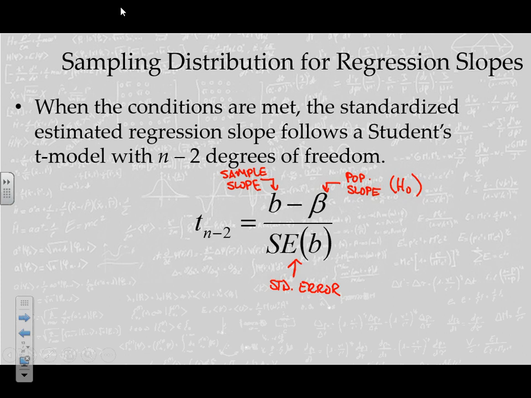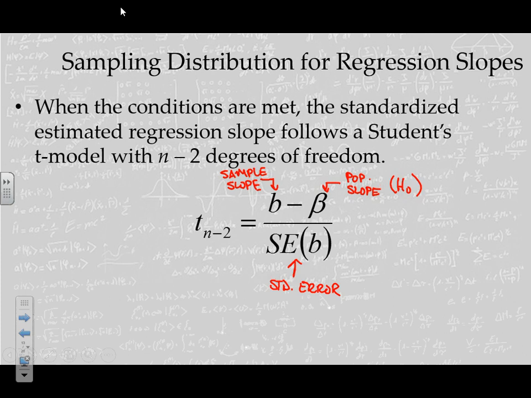Okay. Now, the other thing about this formula that you might want to know about, when we look at a hypothesis test, if we set up our hypotheses, so null and alternative, remember our null hypothesis is always the hypothesis of no change. Well, for regression, what that means is we start off assuming that there is no linear relationship involved. So our null hypothesis for regression is that there is not a linear relationship between the two variables.